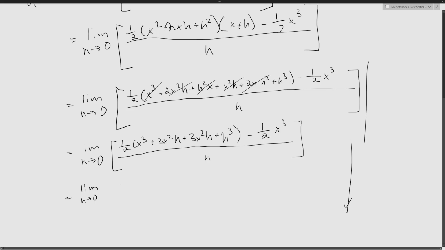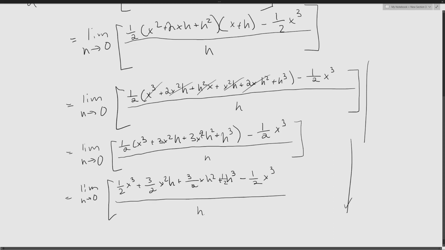Again, usually when you get here, if you have enough practice, you can tell whether or not you did it correctly, because if we open the top brackets, we get 1 over 2 x cubed plus 3 over 2 x squared h plus 3 over 2 x h squared plus h cubed over 2, minus 1 over 2 x cubed, over h.